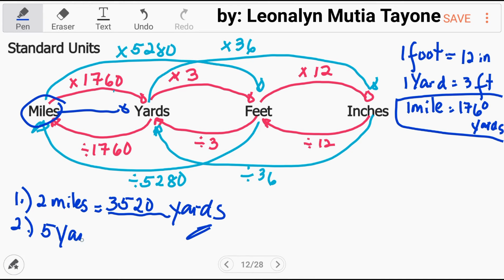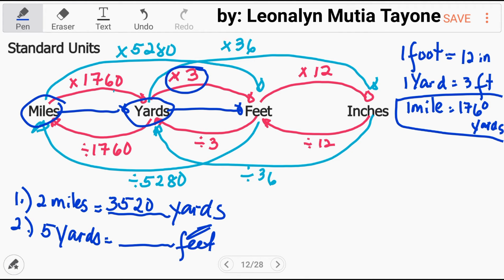Another example. Example number 2. 5 yards is equivalent to how many feet? Yards to feet. Mag-multiply lang tayo ng 3. So, 5 times 3, and that is equals to 15. Another way, 5 yards.